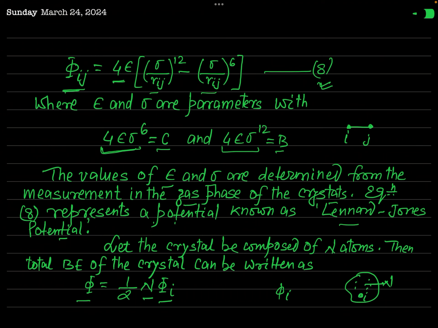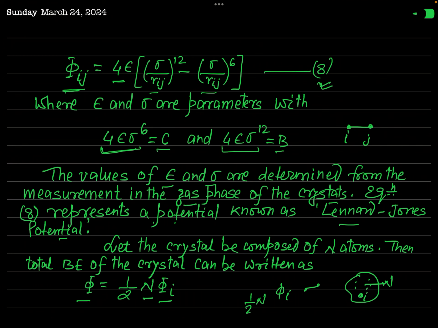Why do we divide by 2? Why have we taken 1 over 2 n phi i instead of n phi i? Because here the interaction takes place between a pair, and the pair of two atoms is counted once.